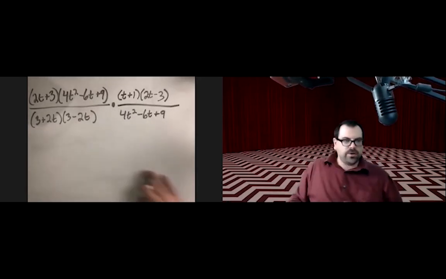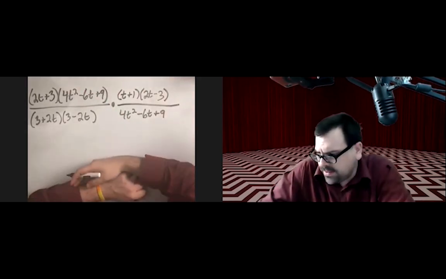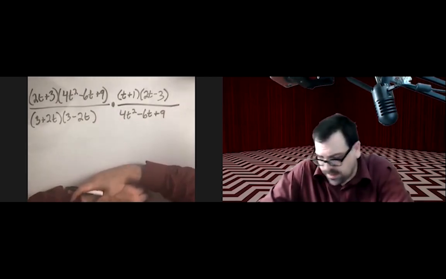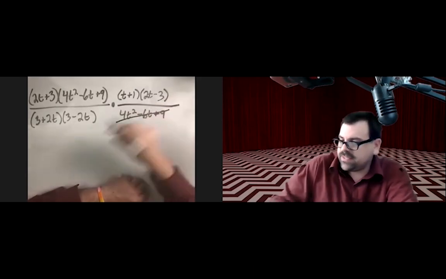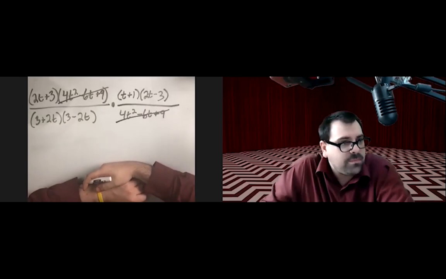Now I erased my work. You'll still have yours up there. You'll see that division problem. I just need more room, as always. And looky here, 4t squared minus 6t plus 9 cancels, top and bottom.